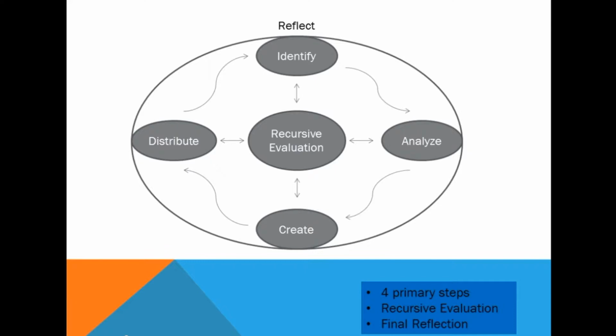Ultimately, upon the completion of all 4 steps and evaluation and the distribution of the materials, the designer is then meant to reflect upon the success or failures of the learning objects and tasks.